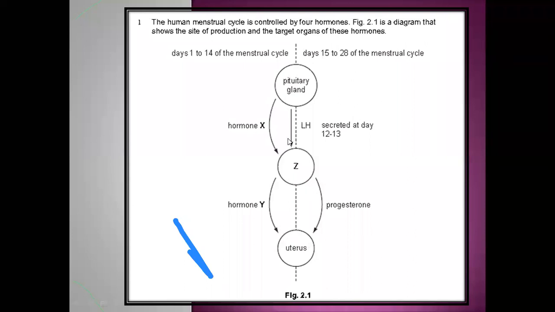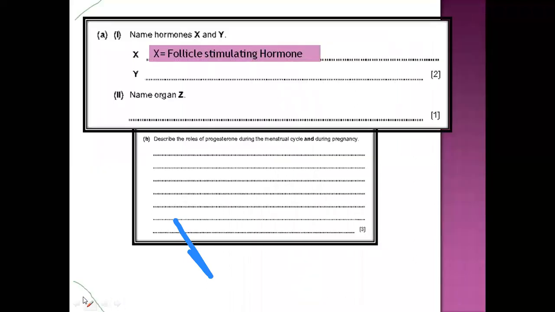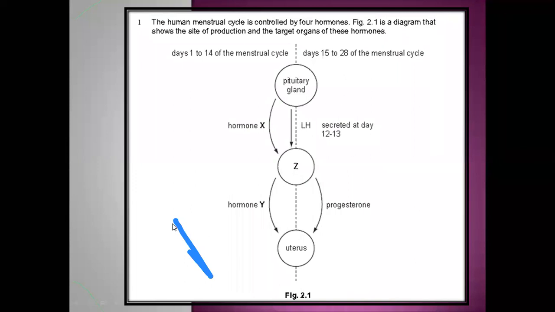Now here we have some questions regarding this. Our first question is, what is the name of the hormone that is produced by X and Y? So if we move back to our slide, we will see what this hormone should be. Definitely we know that the pituitary gland produces two types of hormone.